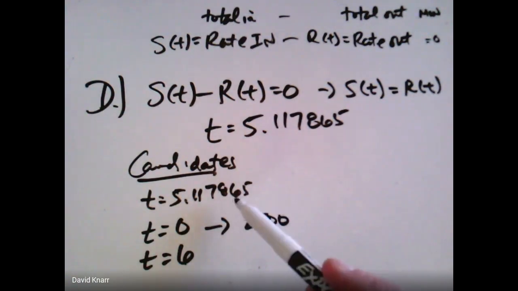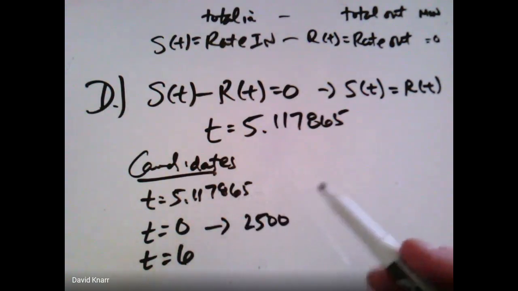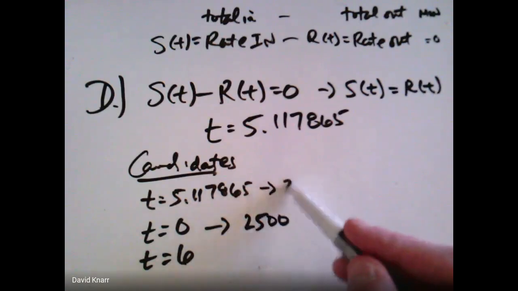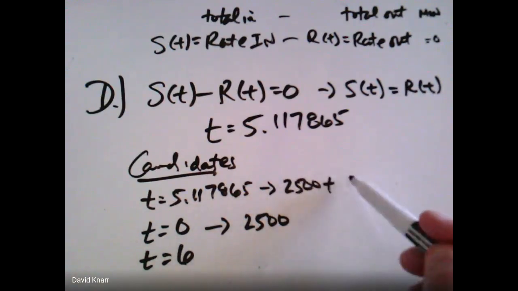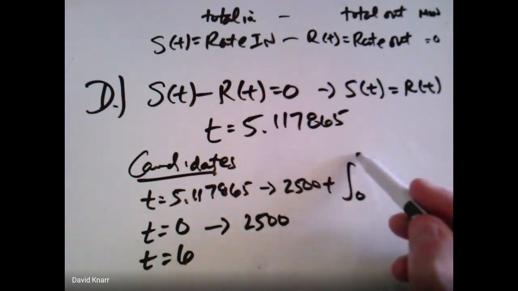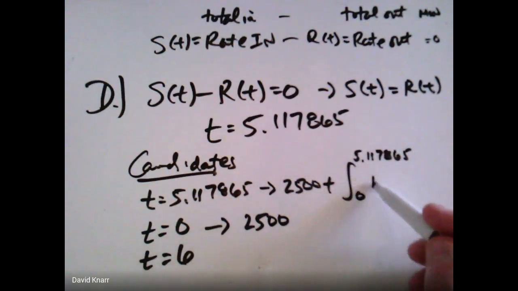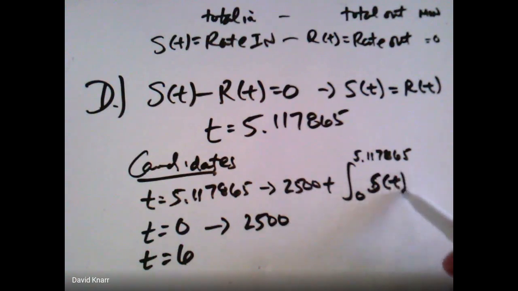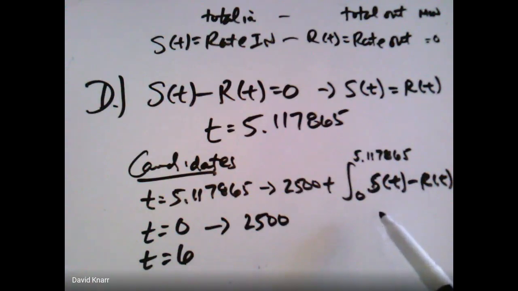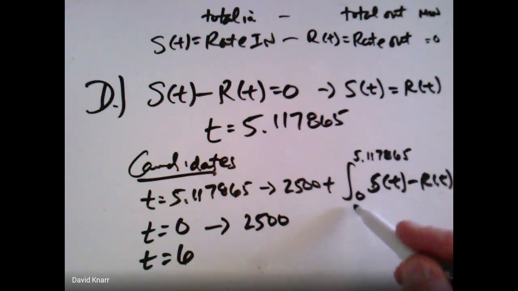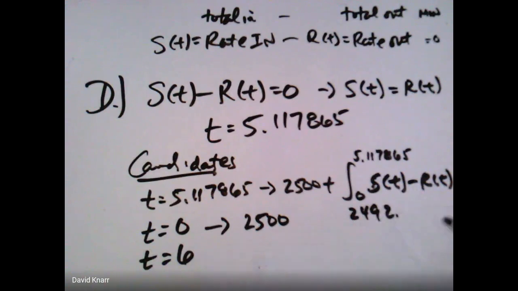At t equals 5.117865, I could figure it out by doing 2,500 plus the integral from 0 to 5.117865 of S of t minus R of t dt. If I do that properly, I get 2492.3694.